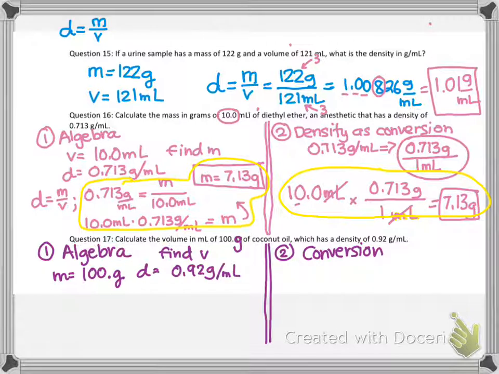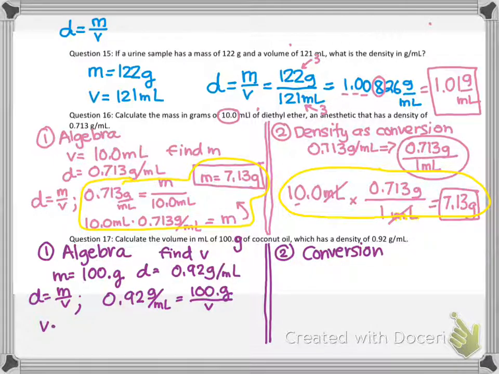So if I'm using algebra, I would say density equals mass over volume. Now, I know the density is 0.92 grams per milliliter, and that's going to equal, now this time what I know is on the top and the volume's on the bottom. So this is in general a little bit trickier, because we've got to get the volume off the bottom.